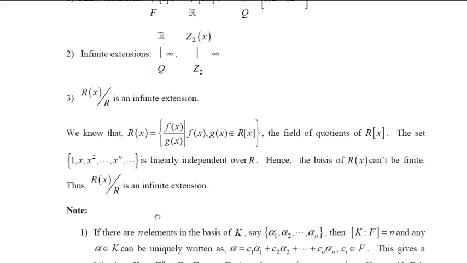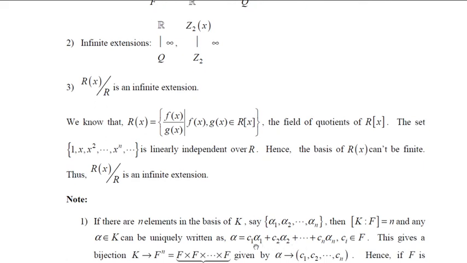Note, if there are n elements in the basis, say alpha 1, alpha 2, up to alpha n, then we knew that the degree of the field extension is n, and any vector alpha can be uniquely written as a linear combination of these n vectors, say C1 alpha 1 plus C2 alpha 2, etc., up to Cn alpha n, where each Ci comes from the field F. And in fact, we can generalize this.